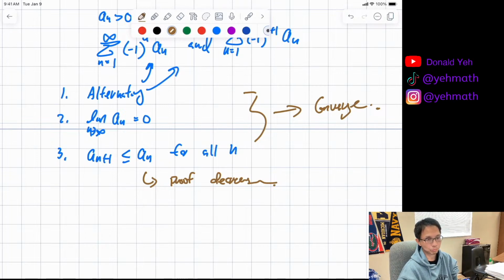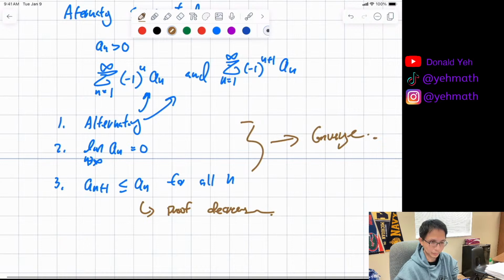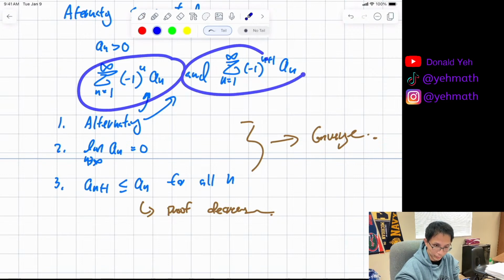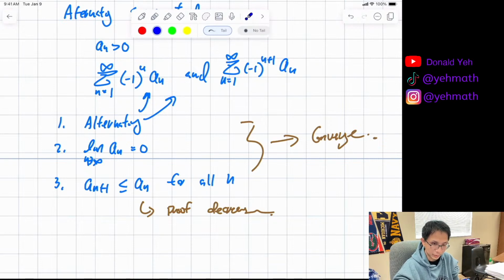The summation you wrote on the top right, is that where a_n is less than 0? No, a_n is all going to be positive.